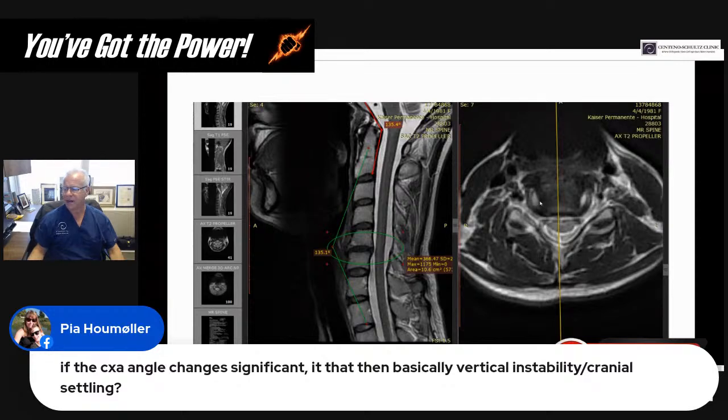I know this stuff is getting into the weeds with all these terms, CXA, normal curvature, lordosis, and I apologize for that, but it's important because I've seen it happen a lot where patients get their CXA measured, they're told it's abnormal, but when you look at the curve, the CXA is a red herring because it's a reversed curve.